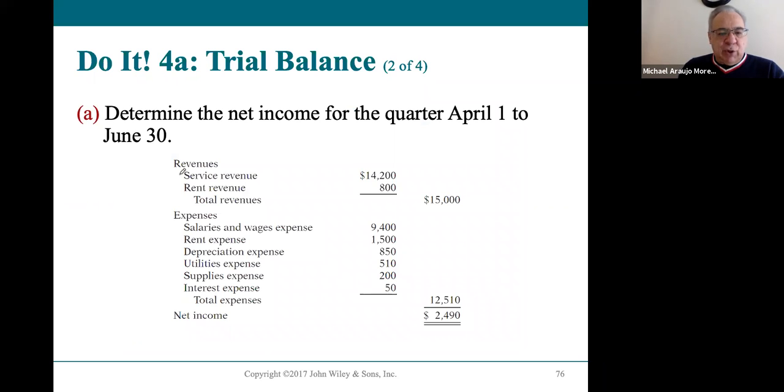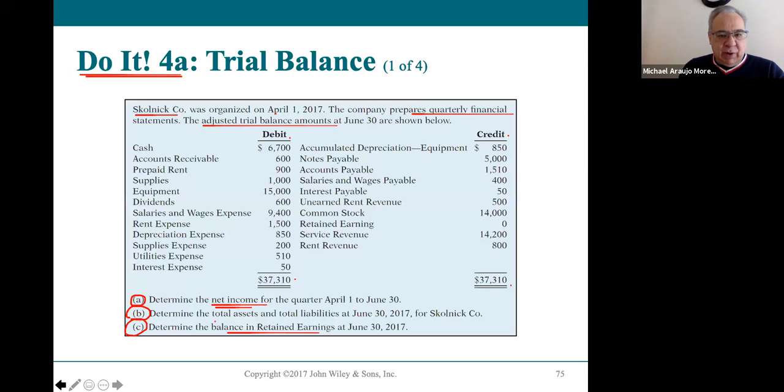Revenue, this company has two revenue accounts. Let's go back to our adjusted trial balance. Here you have service revenue and rent revenue. Both of these are revenue accounts. Remember, companies can have more than one type of revenue account, right? Depends on how they make money. And then they have all these expense accounts here as well.